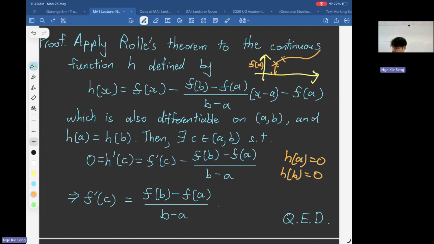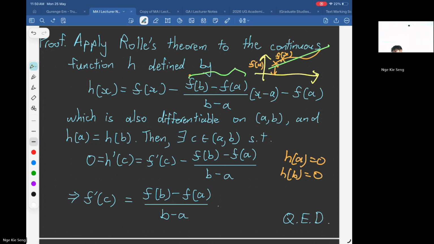And then for the other points, how do you treat them? You take your f(x) and find the tangent line. Let me draw this part of the gradient first. So you get this tangent line.